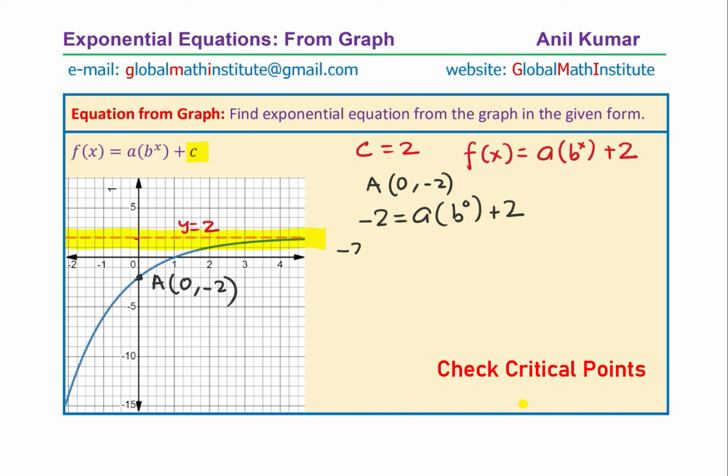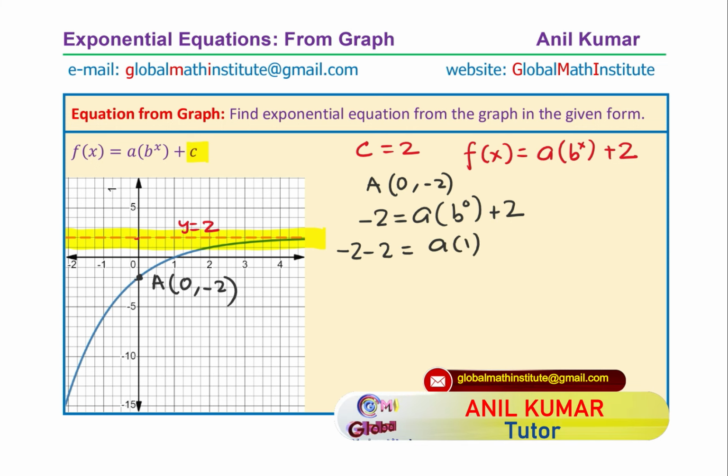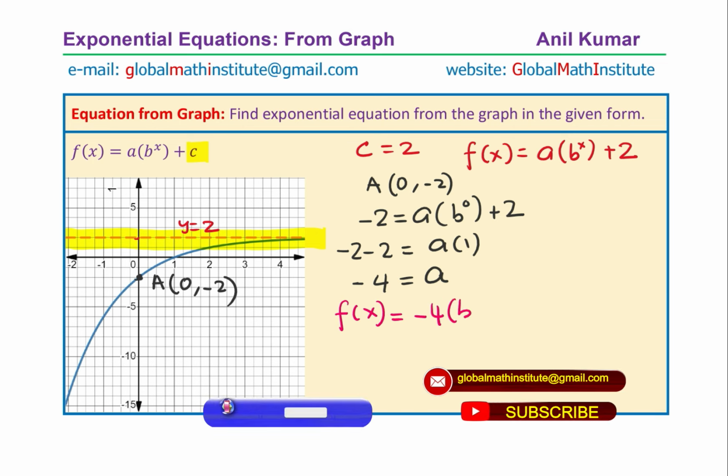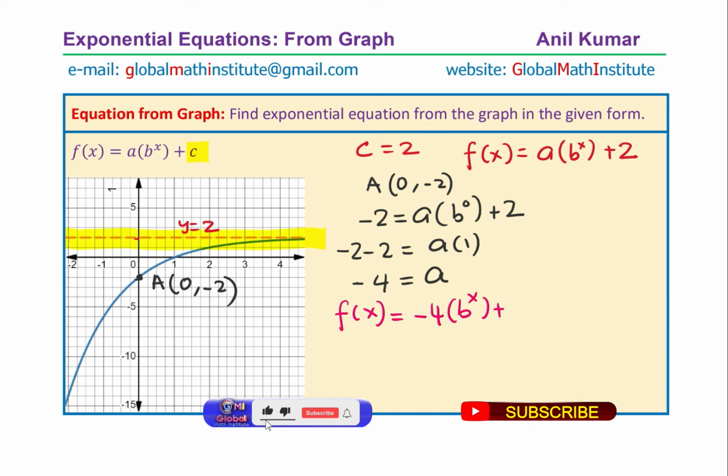So that means minus 2 is equal to a times 1, which is a, right? So minus 4 is the value of a. So we get the value of a from the y-intercept. Making sense, right? Things are coming together. So we can now write down our function f of x as equal to minus 4 b to the power of x plus 2, correct?